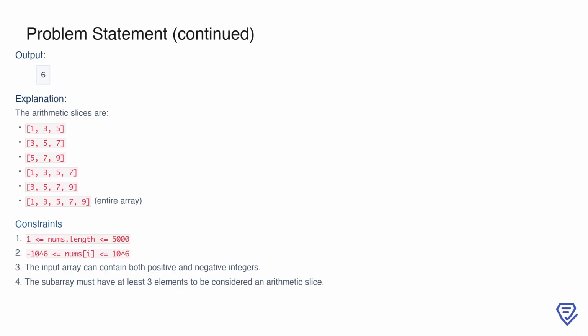The first 3 slices each have 3 elements, and the difference between consecutive elements is consistently 2 across all cases. The next 2 slices are longer, with 4 elements each, and they also maintain the same difference. Finally, the entire array is a valid slice because it maintains this consistent difference throughout. In total, there are 6 valid slices, so the result is 6.